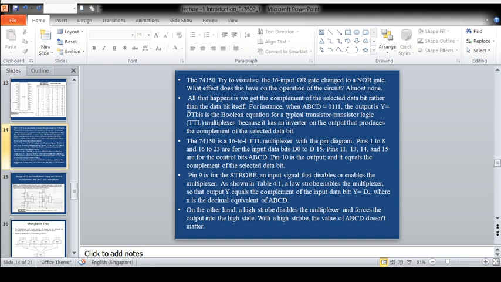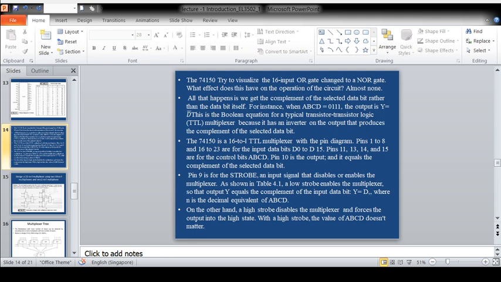74150 as a 16 to 1 TTL multiplexer with the pin diagram. Pins 1 to 8 and 16 to 23 are the input data bits, D0 to D15. Pins 11, 13, 14 and 15 are for the control bits, ABCD. Pin number 10 is for the output, and it equals the complement of the selected data bit.